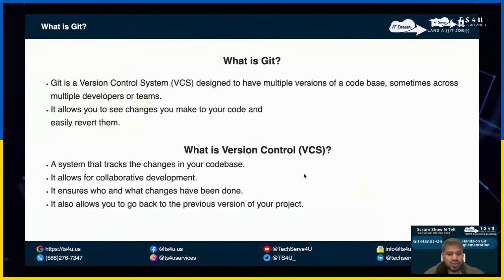So what is version control? A system that tracks the changes in your code base. It allows for collaborative development. It ensures you know who made what changes. It also allows you to go back to the previous version of your project. So that's Git and the version control system.